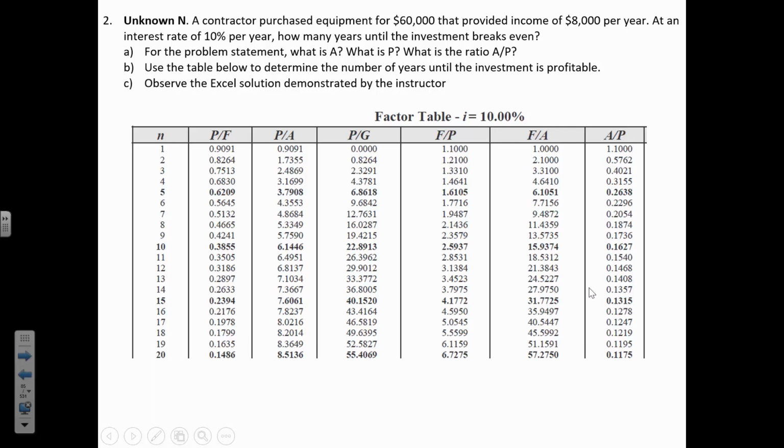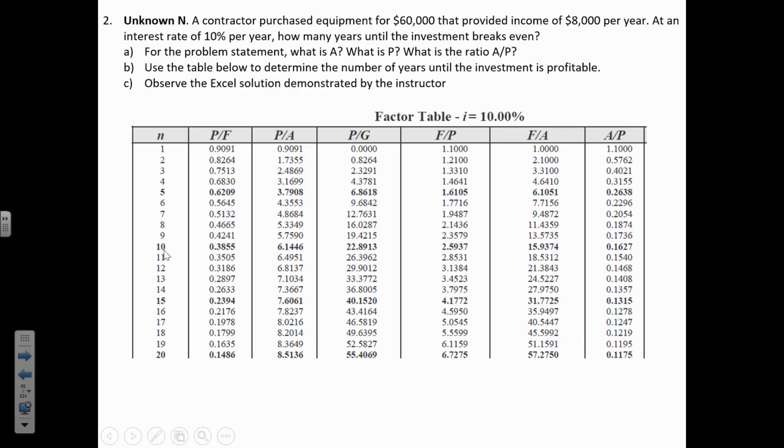So it's somewhere between, if we take this over, 14 and 15. That's meaningful, because it suggests that you'd need between 14 and 15 years of this income to cover your initial cost. So that's where you're going to break even in terms of recouping the initial expense.